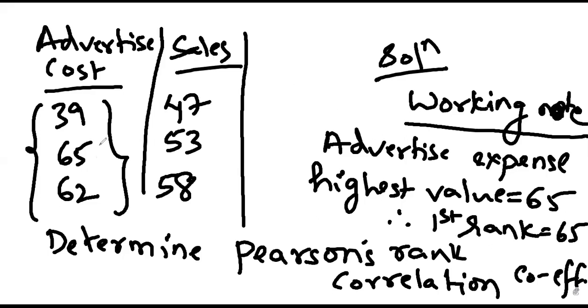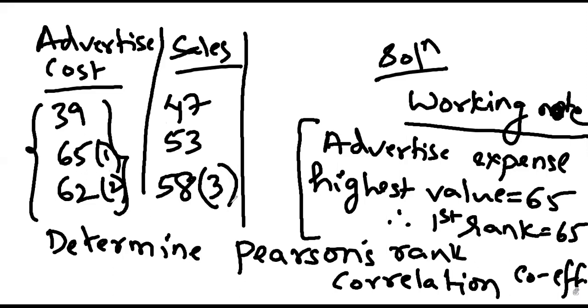Why I am making this note is that in the semester end examination, this is ranked as number one and number two, and there is a practice by some students of numbering it as third rank, but in actual it should be this. For advertising expense, they're supposed to rank from 1 to 3. This is how it has to be done.